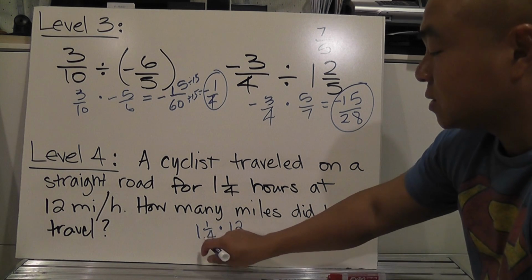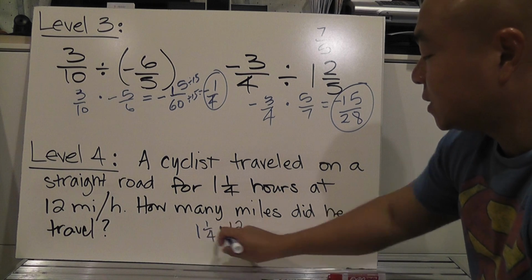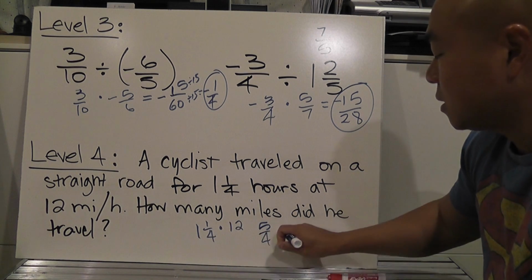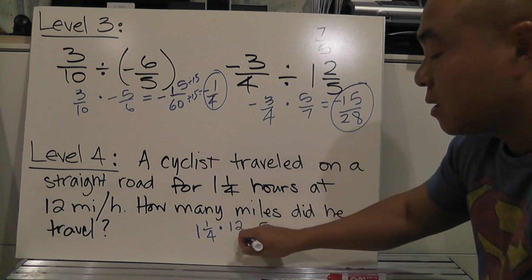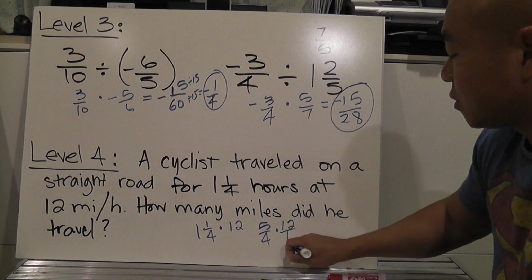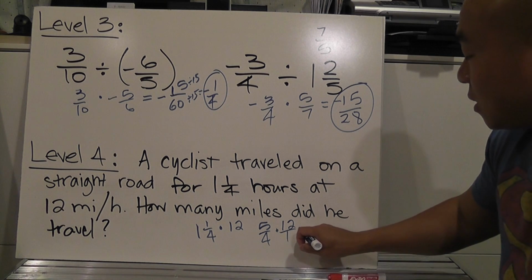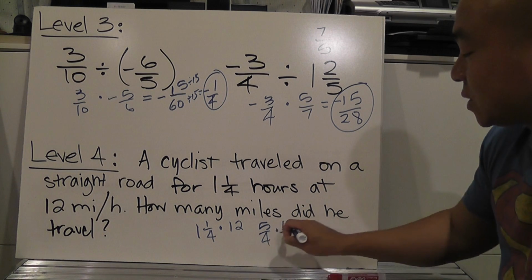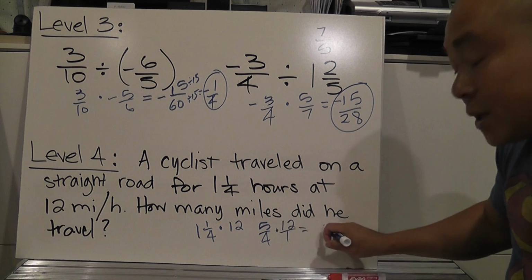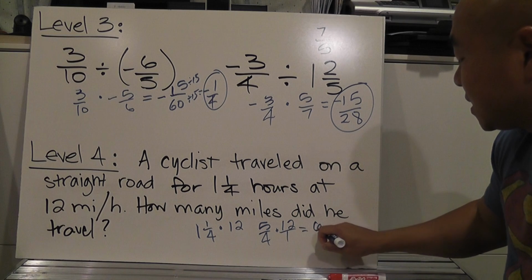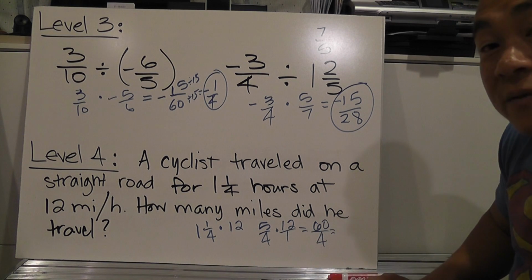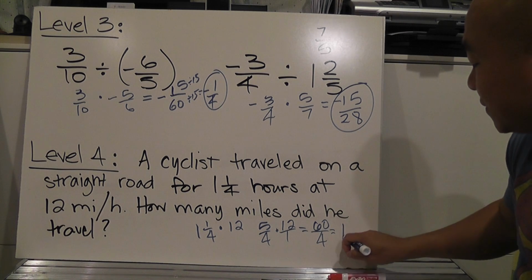We change this by taking 1 times the bottom, plus the top, and we now have 5/4, and we're going to multiply this by the fraction form of 12, which is 12 over 1. Now, we can cross-cancel and simplify that way, but let's just multiply straight through. That'll give me 60 over 4, and when you divide 60 by 4, you now have 15.